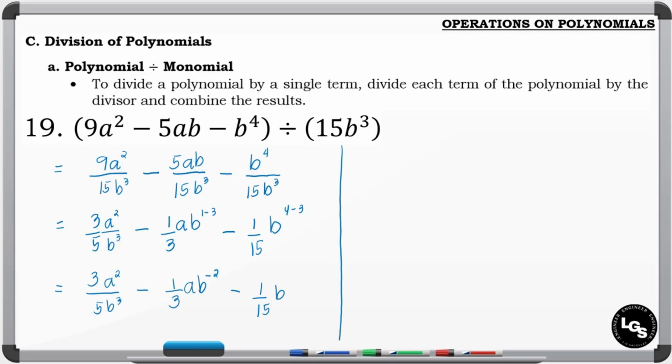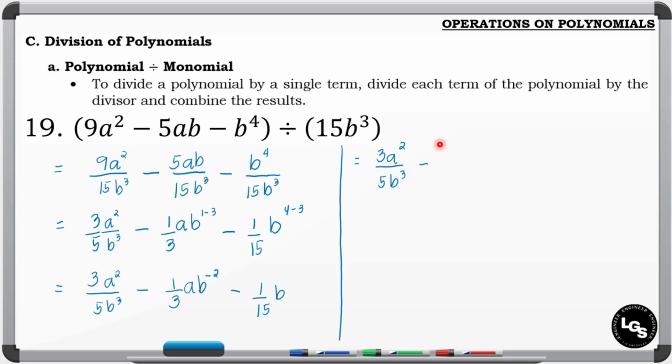Then we continue here. So I will copy as is the first term, 3a squared over 5b cubed minus, remember in index laws, if the variable with a negative exponent is in the numerator and we want to make that exponent positive, we will bring it down to the denominator.